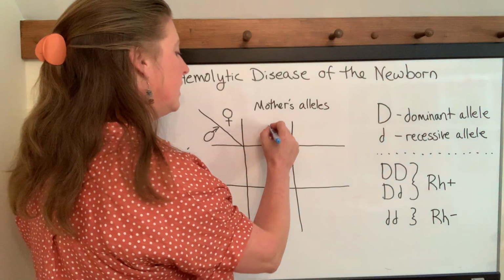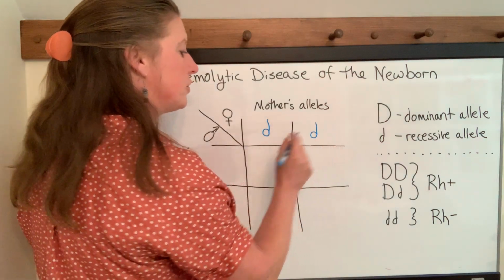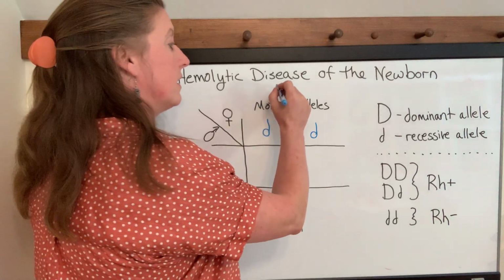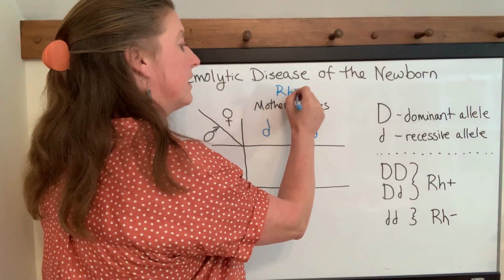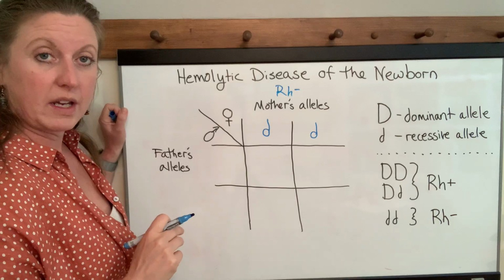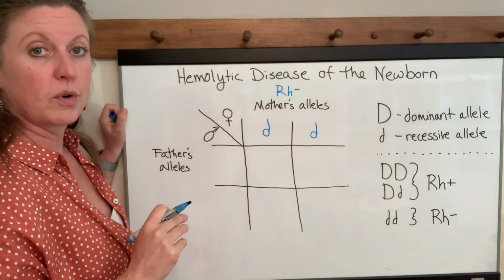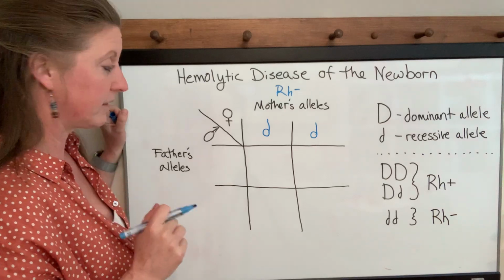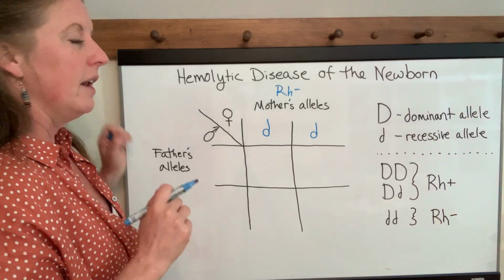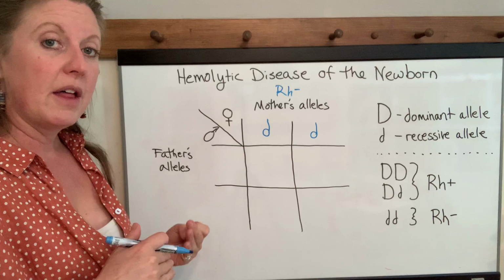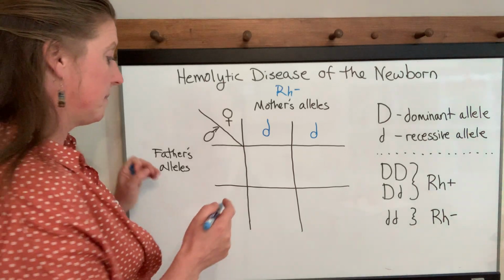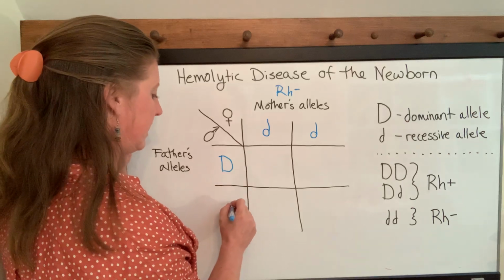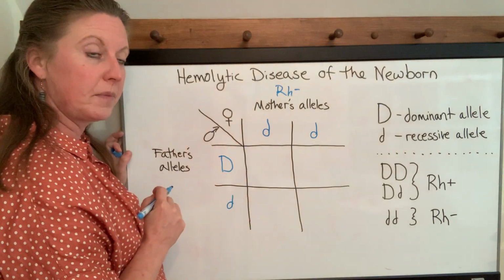So in this, we're going to give the mother two recessive alleles because the mother is Rh negative. This is always the case with hemolytic disease of the newborn. Women who are Rh positive never have to worry about this, but that will make sense soon. Now, the problem comes when the father is Rh positive. So let's give our father a big D and a little d.